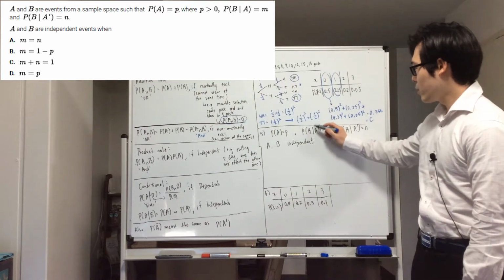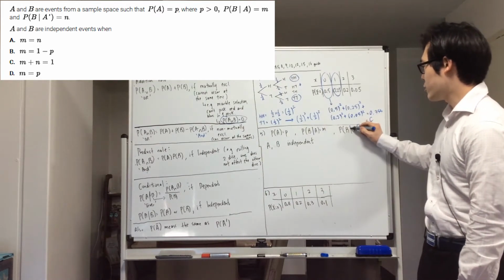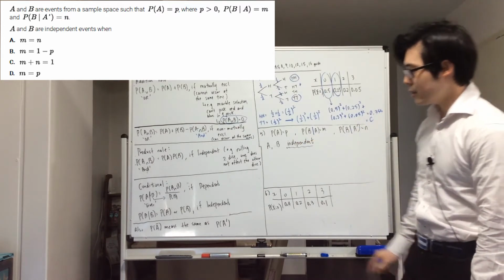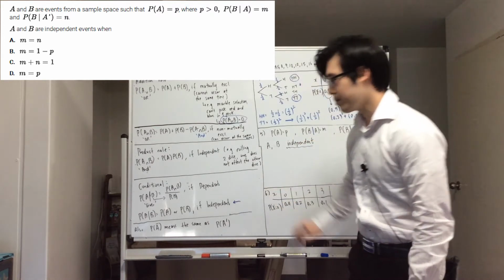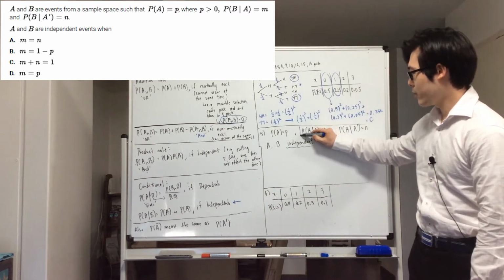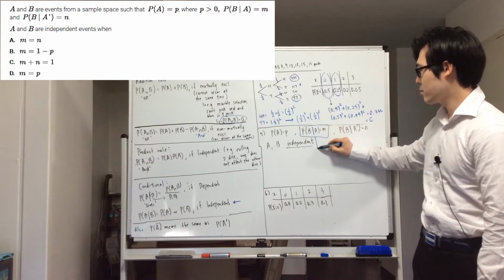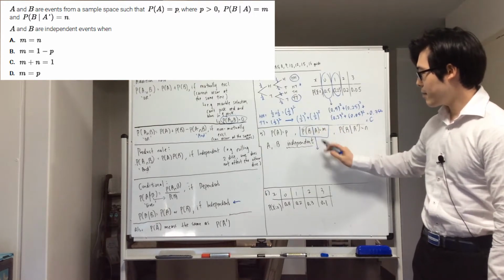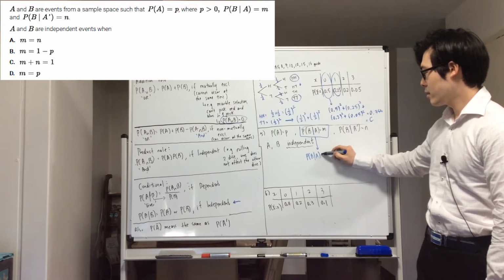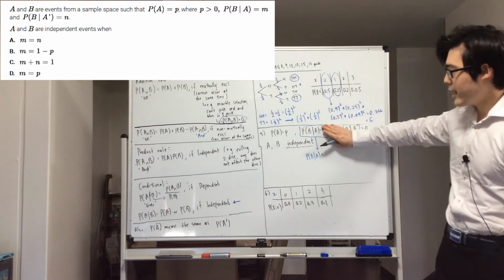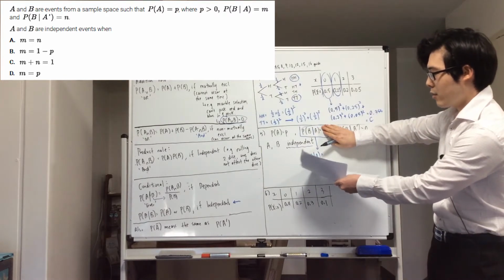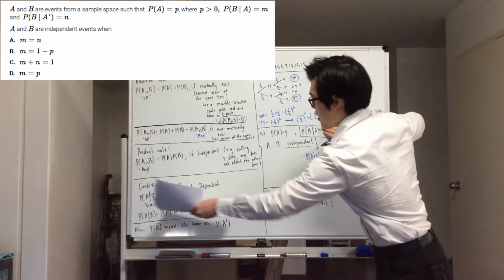So we're given the question and we got the word independent here. That means I want to use this property here. Okay, so let's look at it one at a time. If A and B are independent, let's say I didn't know M. What's the probability of this using that?